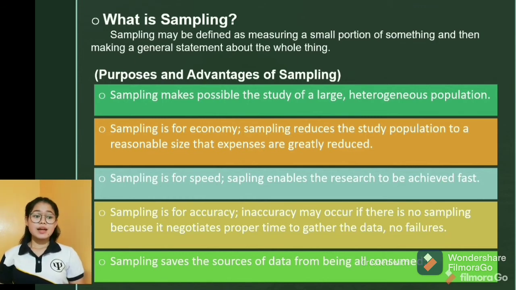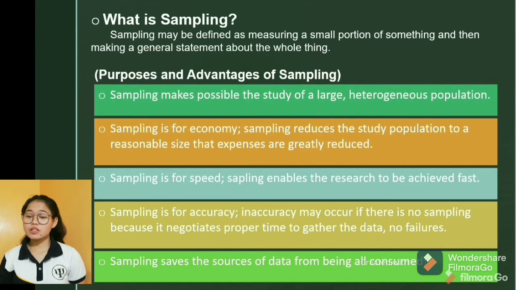Second, sampling is for economy. Sampling reduces the study population to a reasonable size, and the expenses are greatly reduced. So sampling is for economy. Why is sampling for economy? It is because with sampling, doing the research or the study can cost less.